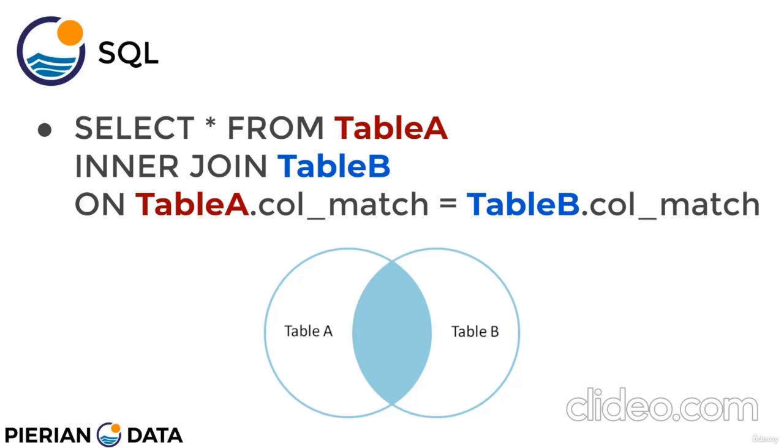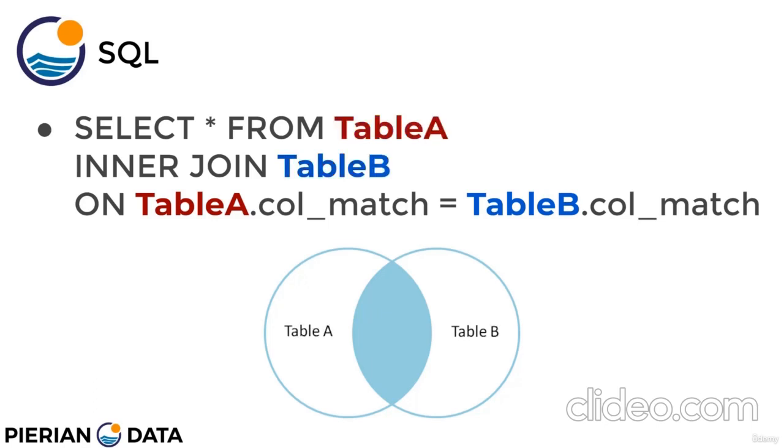Now, something to keep in mind, especially with an inner join, is that this Venn diagram essentially is only filled in the crossover middle. Essentially, stuff that can be found in both of these circles, table A and table B. Because of that, inner join is essentially symmetrical, which means if you switched select from table A and then inner join table B to look like this, select from table B, inner join on table A, you would get the same result.